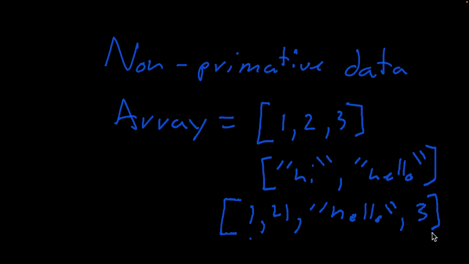Okay. So we have these forms of data, and we want to define them in a variable. So what's the way that we would write a variable? Okay.